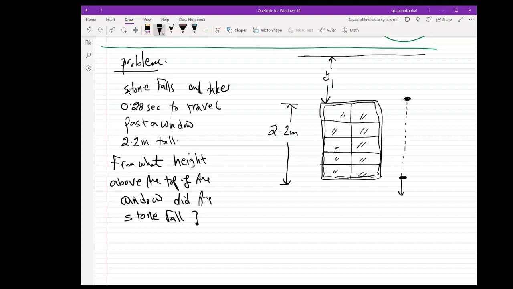All I know is that it took the stone to come from the top of the window to the bottom of the window a total time, delta t, if you will, of 0.28 seconds. Okay, that's the only information that I know. And well, I also know the height of the window. So now he's asking the question, from what height above the top of the window did the stone fall?